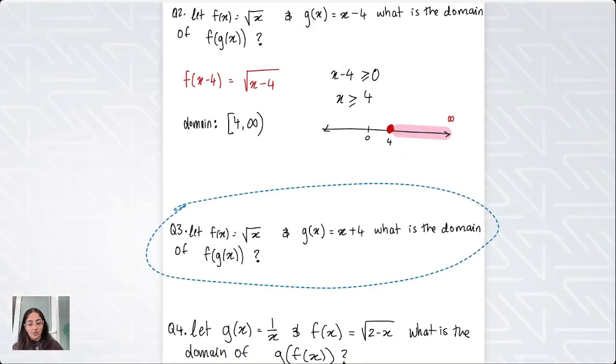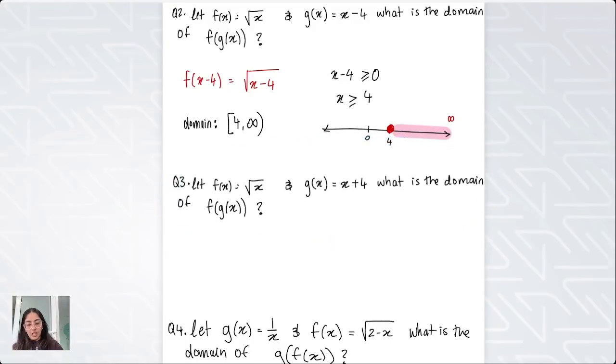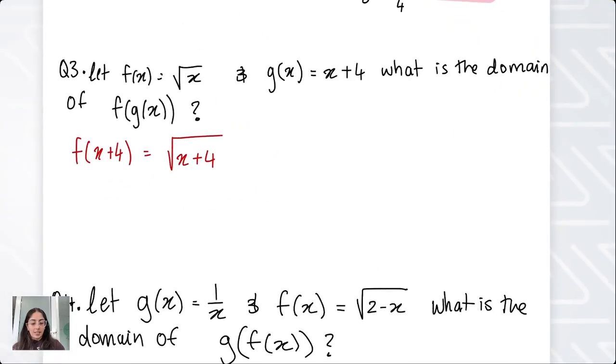With the second one, we get this as well, except the minus changes to a plus. And what do you guys notice about this? We have x plus 4 must be greater than 0, right? And again, sorry, it should be greater than or equal to 0.